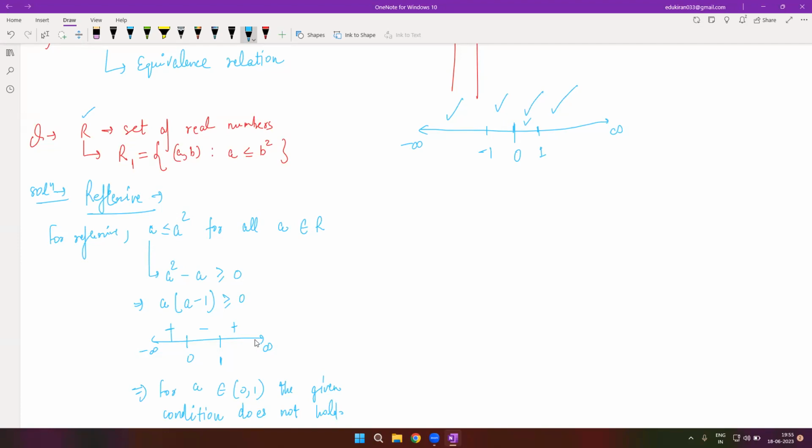But for that, you will have to consider all four parts. But for A equals half, if you put A equals half, then half is not less than or equal to 1 by 2 square, which is basically 1 by 4.